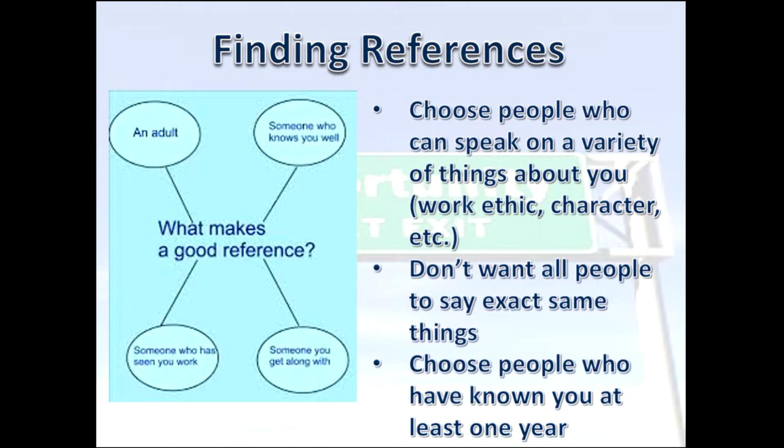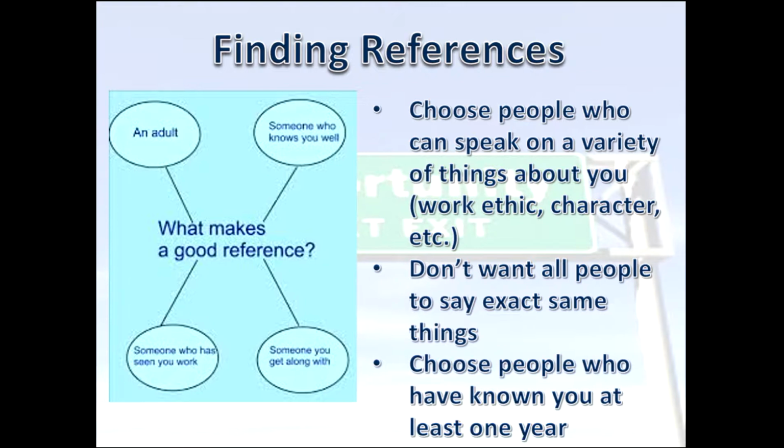You want to pick people that you've at least known for a year, and you want to pick a variety of people. So you want to pick someone who can speak to your work ethic, someone who can speak to your character, someone who can speak to your personality, and you need to direct your people on what you want them to talk about, because otherwise you have no idea what's going to come out of their mouth, and you don't want all of your references to end up saying the same exact thing about you without any variety.